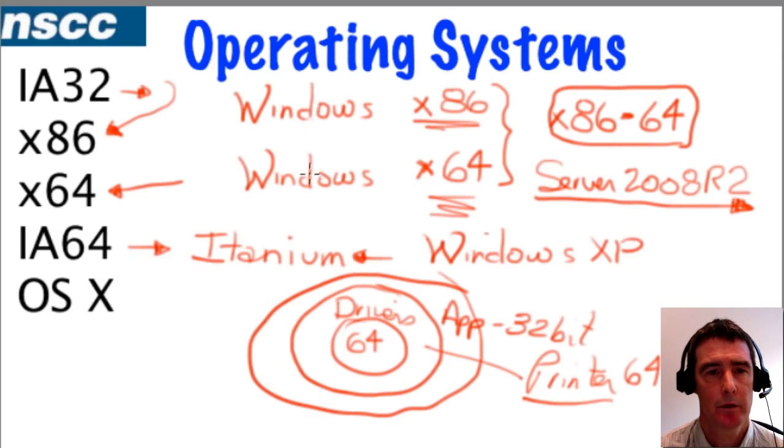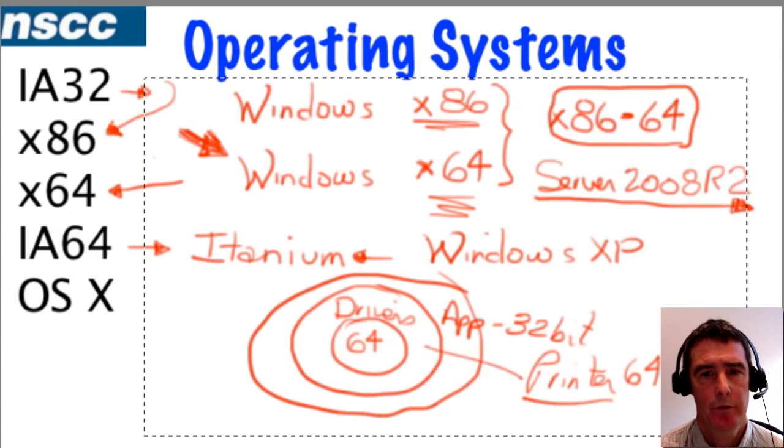But on the client side, even in Windows 8, there are still 32-bit versions and 64-bit versions. If you have or want to use more than 4 gigabytes of RAM, you need to make sure you install the 64-bit version of the operating system, but then you need to make sure all your drivers are 64-bit.